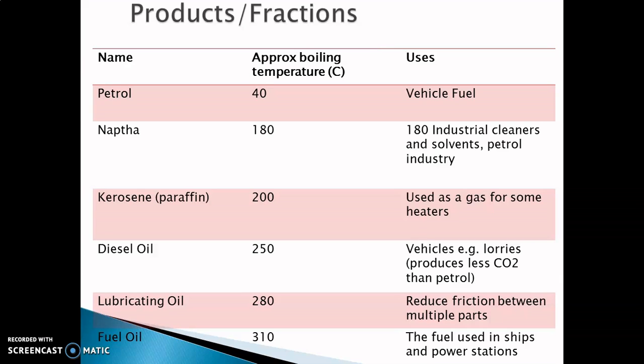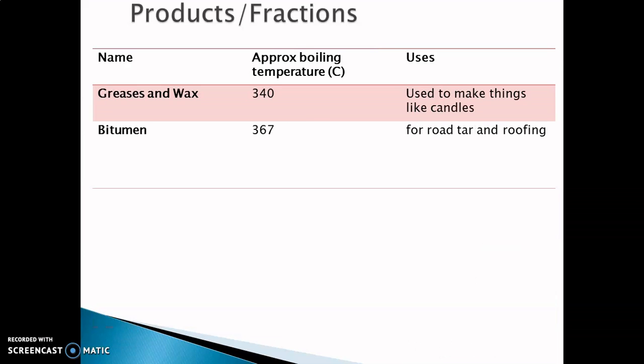Kerosene is used as a fuel for heaters, diesel oil for vehicles, and lubricating oil reduces friction between multiple parts. Fuel oil is used in ships and power stations, then there are greases and waxes, and bitumen for roads, tar and roofing.